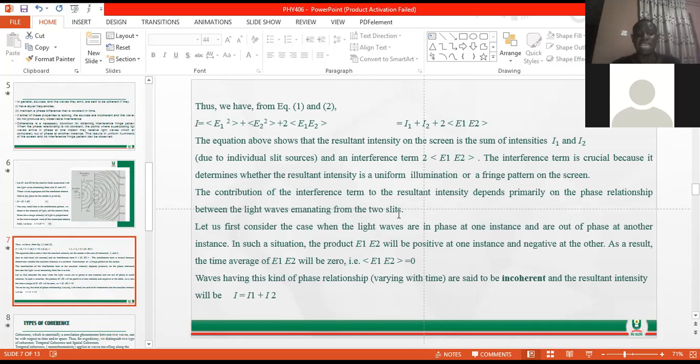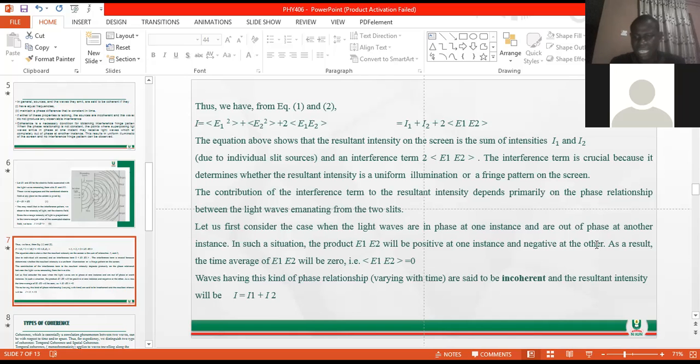Now, let us first consider the case when the light waves are in phase at one instance and out of phase at another instance. In such a situation, the product E1E2 will be positive when they are in phase, and negative when they are out of phase.